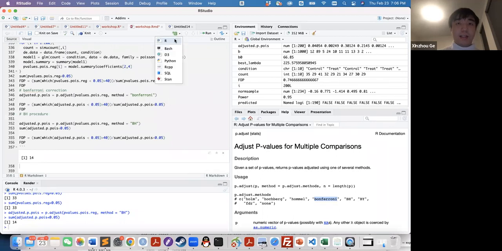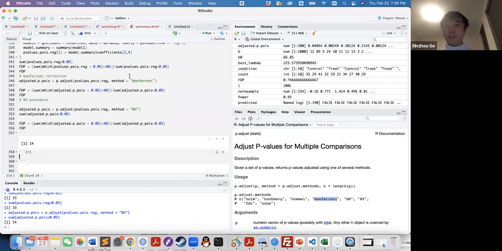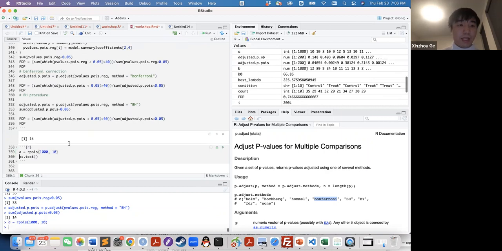A simple way to do goodness of fit is to use the function called ks.test. For example, if we first generate a random variable a from the Poisson distribution, we generate 1,000 Poisson values with lambda equal to 10, and we have another random variable b, which is also from a Poisson distribution.